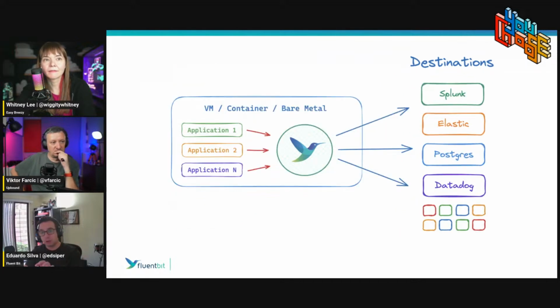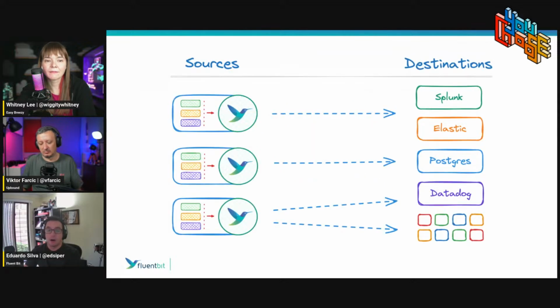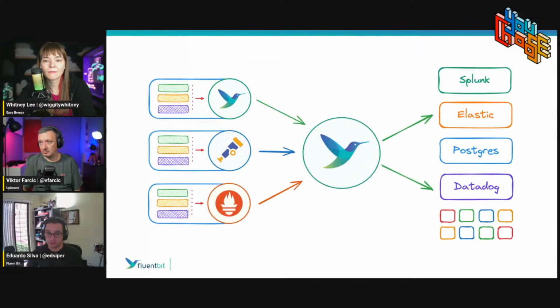You can deploy this telemetry agent in your own IoT device, your own VM, your own container, or bare metal machine, and it allows you to take information out from the application and send it out. And in a normal deployment, you can have one agent send the data to multiple destinations.